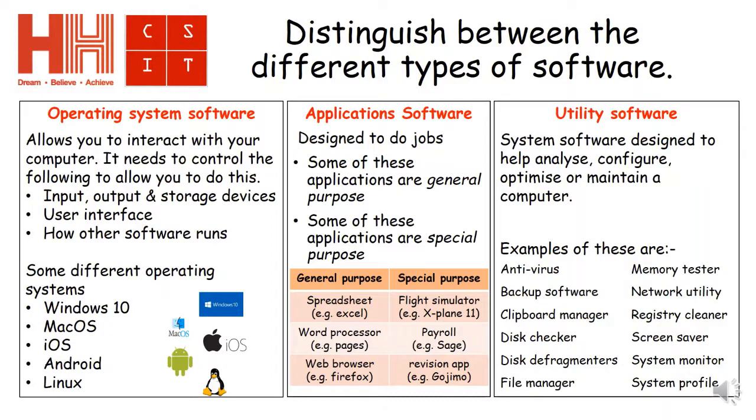So examples of these might be antivirus, which obviously protects your computer from viruses, backup software, which takes a copy of all of your files so that you don't lose them, etc. There's lots more there. Clipboard manager, disk checker, disk defragmenter, file manager, etc. You can look those up yourself if you want to learn more about what they do. But all of them will be working in the background looking after your computer.